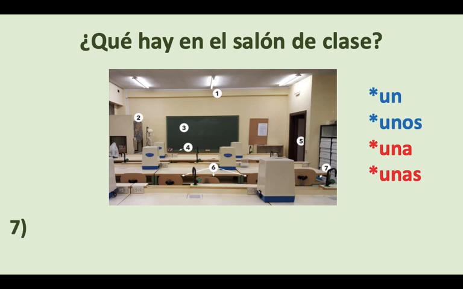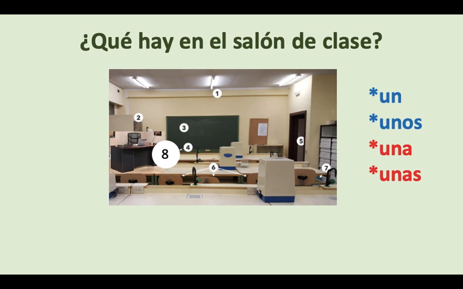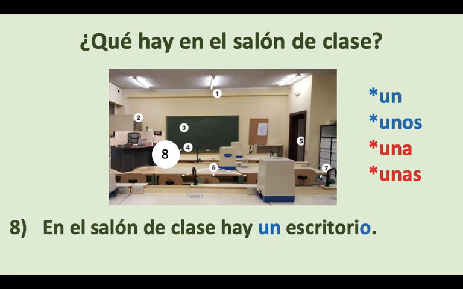And it's pointing down to the garbage can, just FYI. En el salón de clase hay una basura. Now I added something here. ¿Qué hay en el salón de clase número 8? En el salón de clase hay un escritorio.